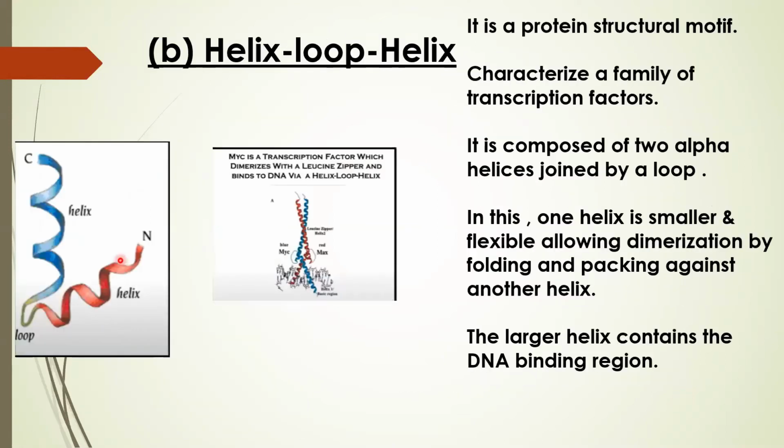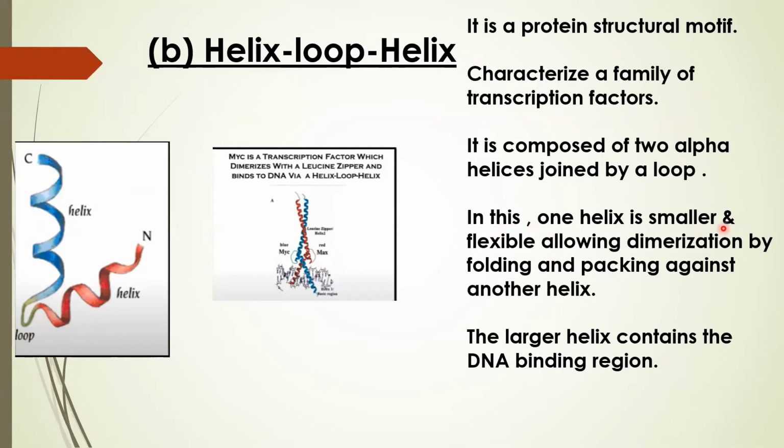Now, helix loop helix. It is a protein structure motif which characterizes a family of transcription factors. Transcription factors, you know, are the factors involved in the rate of transcription. It is composed of two alpha helices which are joined by a loop.